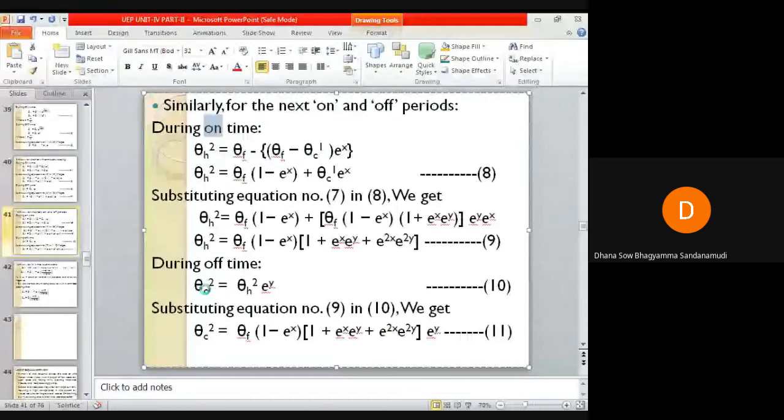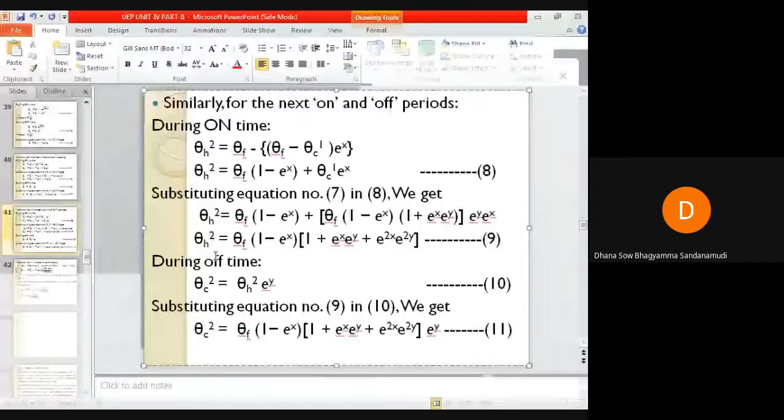So substituting this theta H2 in theta C2, you will get theta F into (1 minus e power x) into (1 plus e power x e power y plus e power 2x e power 2y) into e power y.